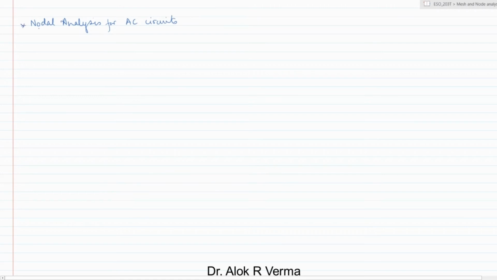Okay, so we have talked about the resistive circuit and found out that the matrix can be written in the form of conductance multiplied by the voltage, and we get the current.